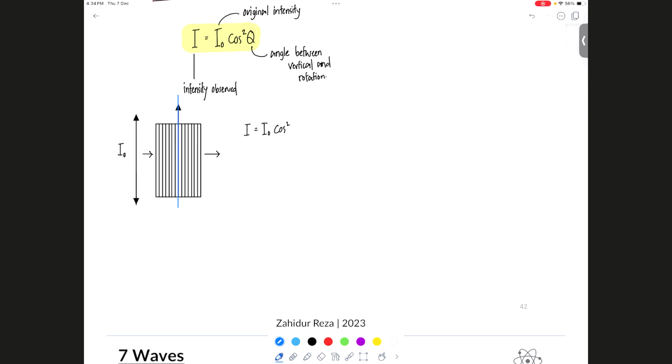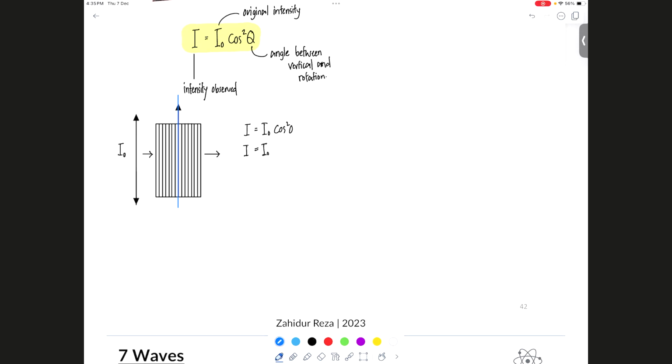And if my light is this, right? And they're like that, parallel, right? What's the angle between them? 0. Do you agree? So এখানে যদি 0 বসে আমরা, can somebody tell me what is the answer? What is cos 0? 1, right? So answer কি থাকবে? I is equal to what? I naught. Do you see?